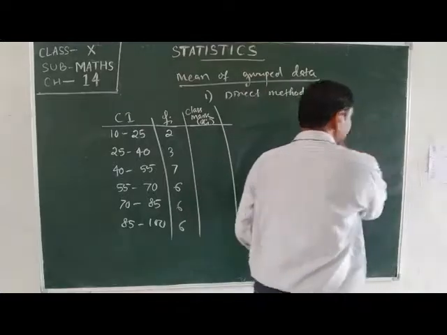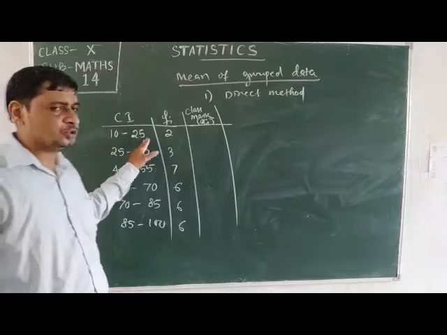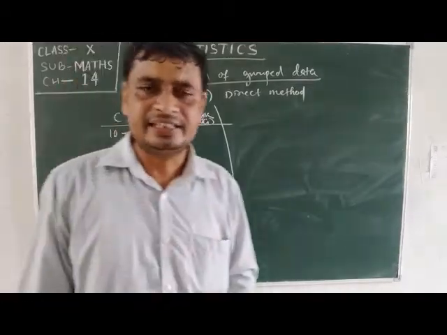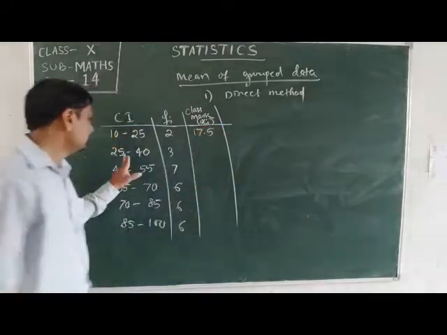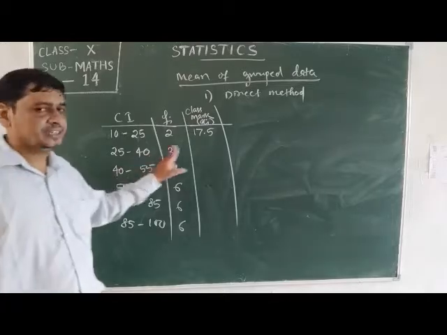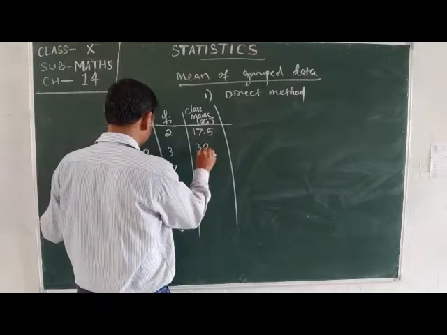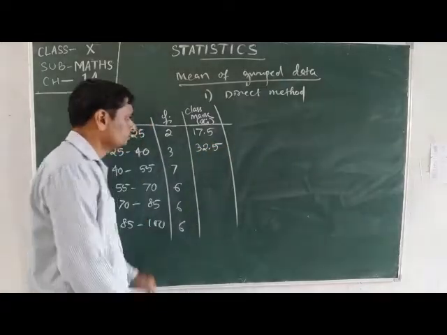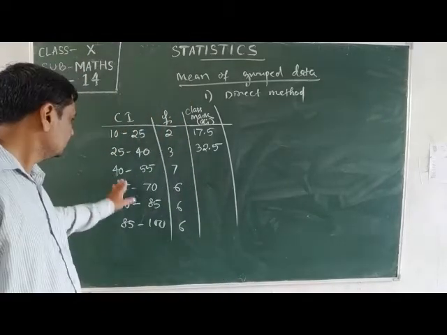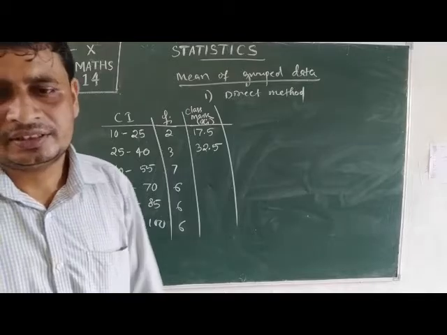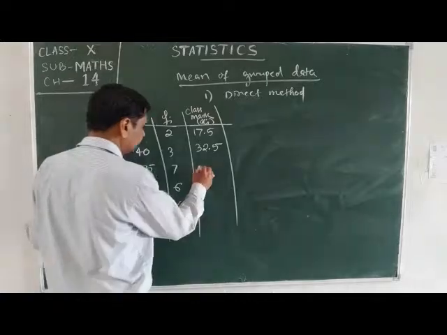In this way, we can find the class mark of 10 to 25, that is 10 plus 25 by 2, that is 35 by 2, which becomes 17.5. For 25 and 40, the class mark will be 32.5. Next, 40 and 55, the sum is 95 divided by 2 is 47.5.